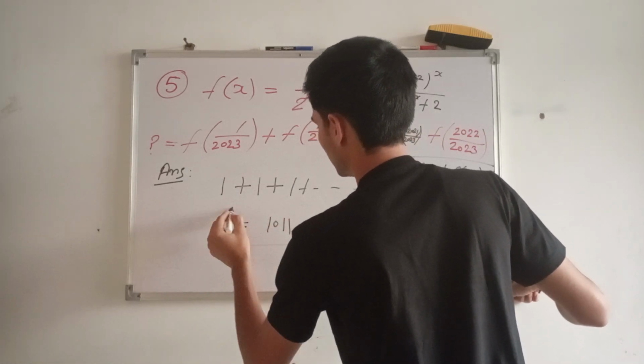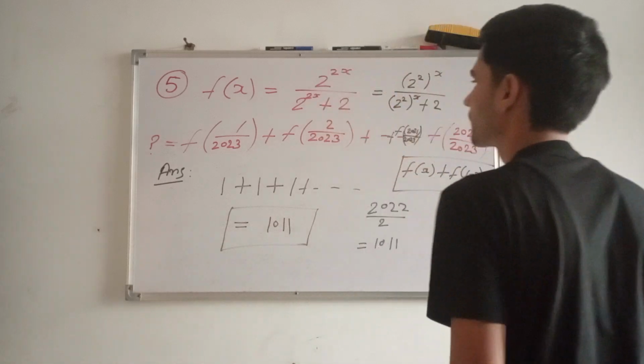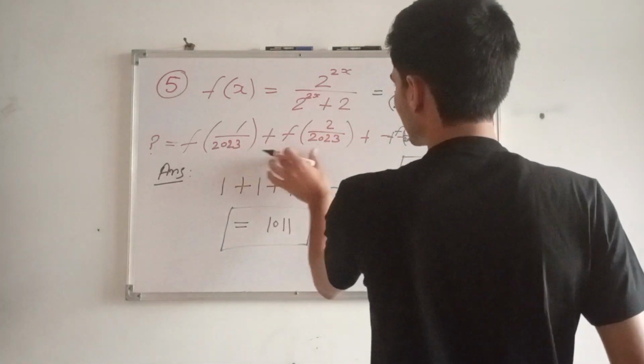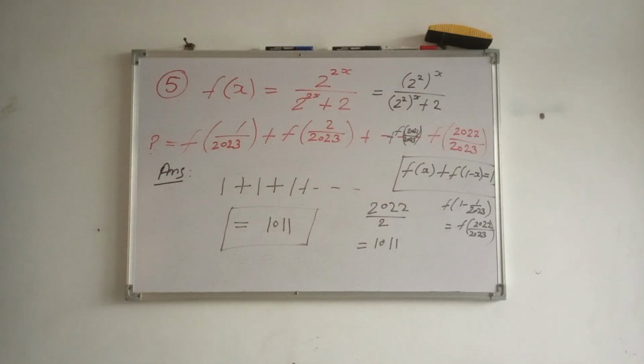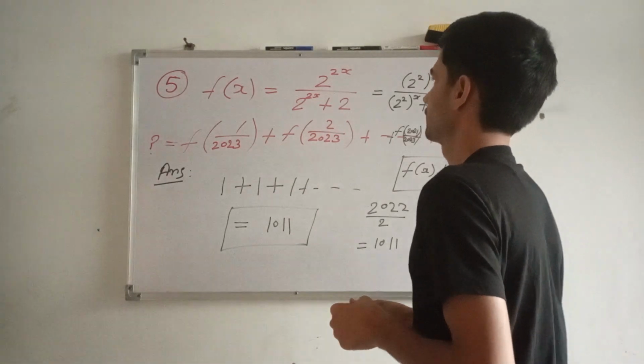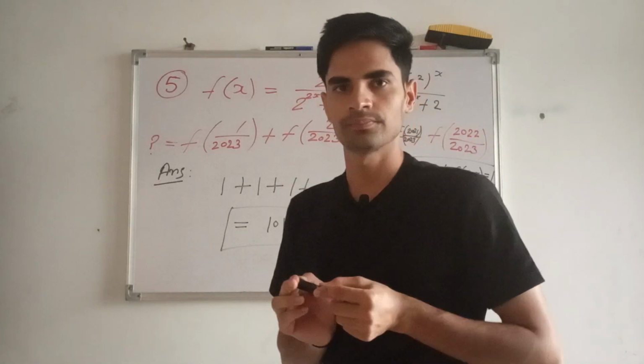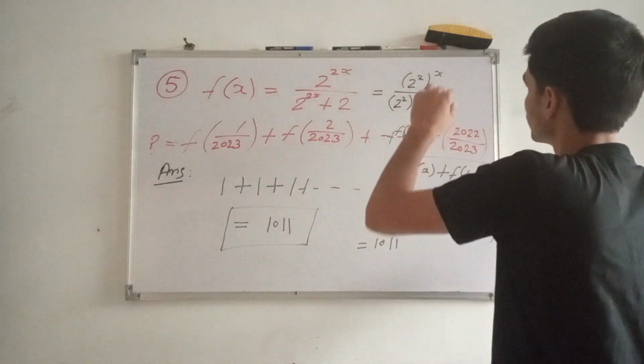This is our final answer. So the sum of these terms was asked and the sum is 1011. That is the sum of these functions. So I hope it is clear.